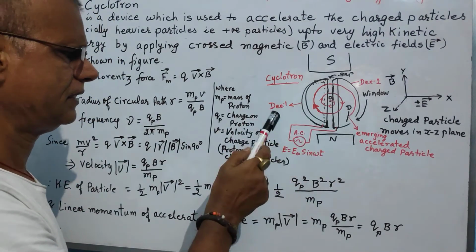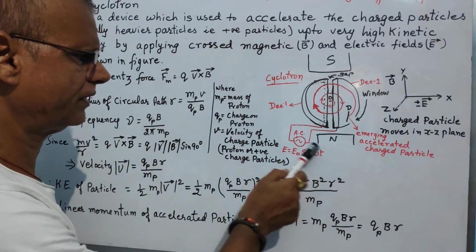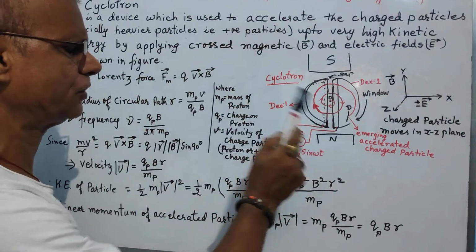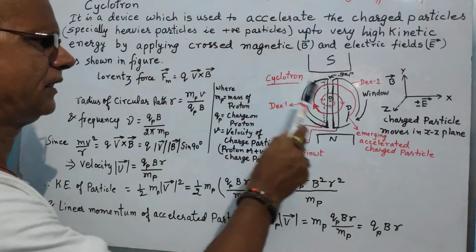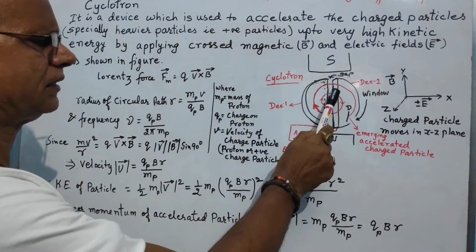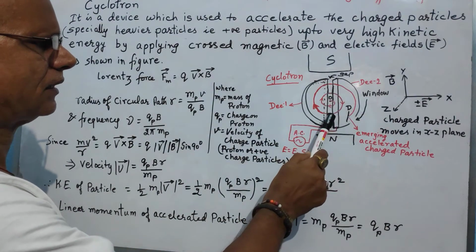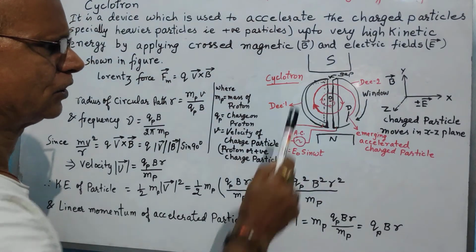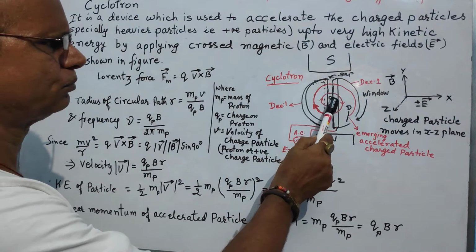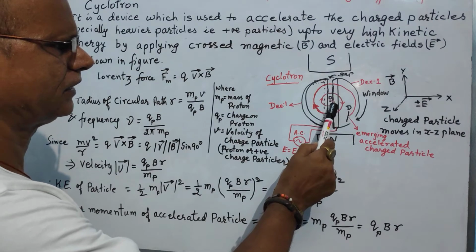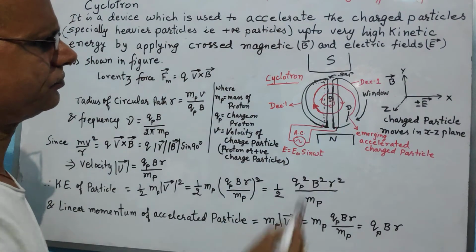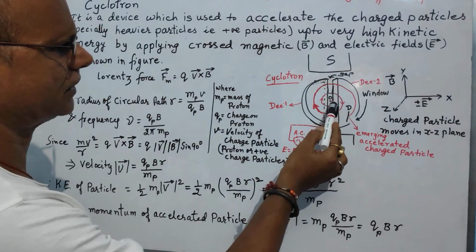But in the meantime, we keep the frequency of the AC attached to the two D's such that the charged particle reaches the gap once again, while it moved from point 0, that is the center, and reached here, the first starting point.